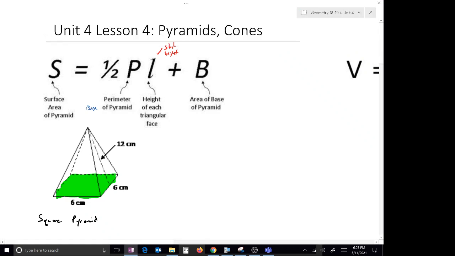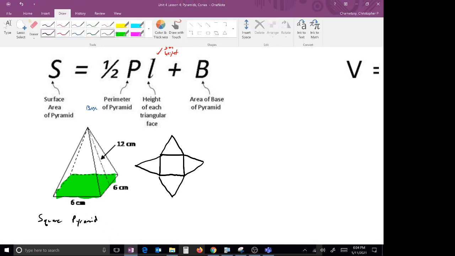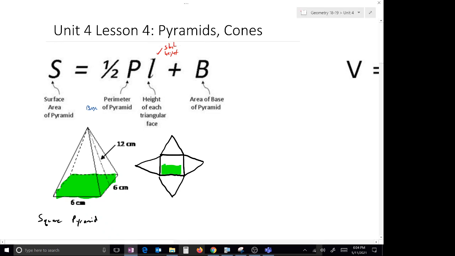So if we were to unwrap this, we would find here's our green base, and then around each side of the base we're going to have a triangle that folds up.